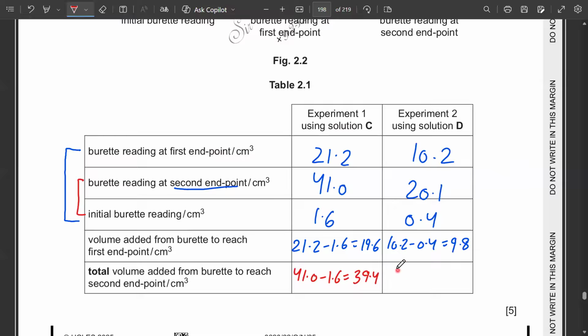And then the second case, it is 20.1 minus 0.4, which is 19.7. You don't need to write the subtraction. I have done this just to show you the working. You do not need to do this.